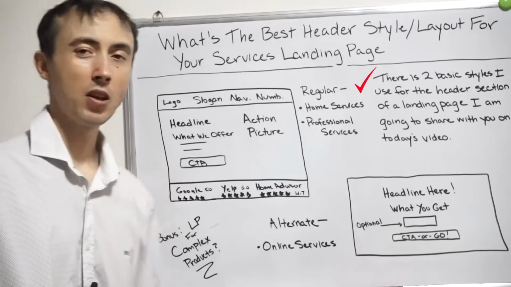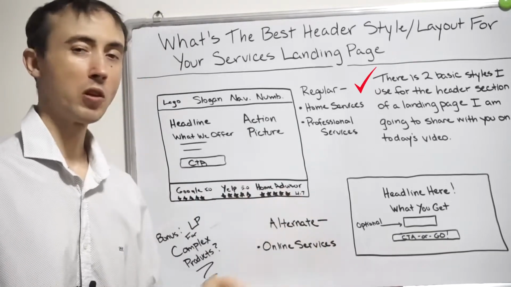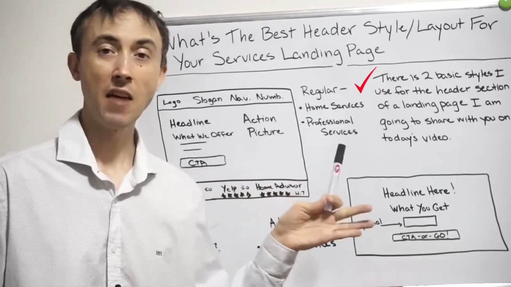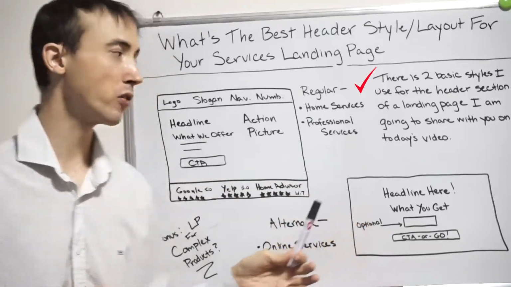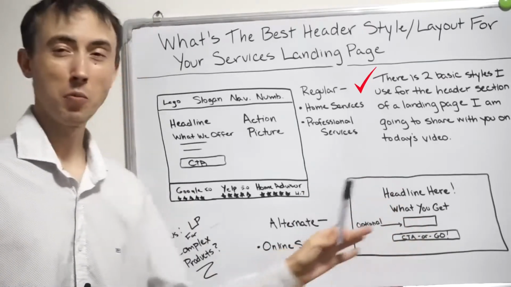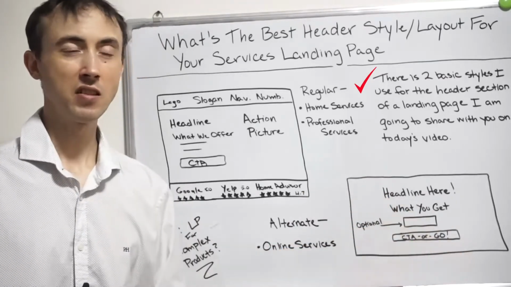With that said, I'm going to go through each individual piece of what is on each one of these header sections that I found works the best and gets the highest conversion rates, so you understand fully how to do this on your own and what the purpose of each component is.